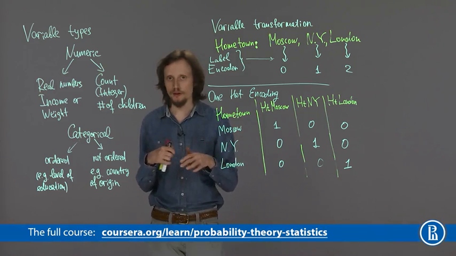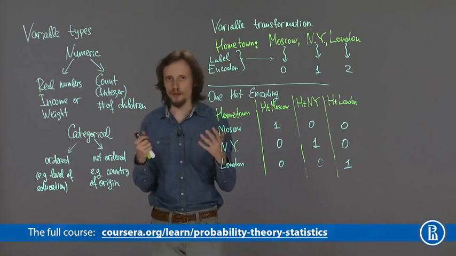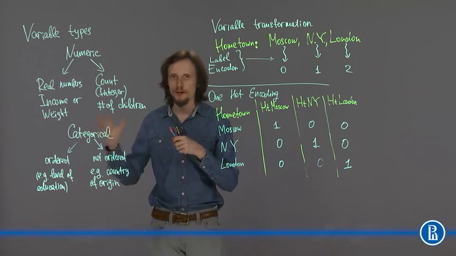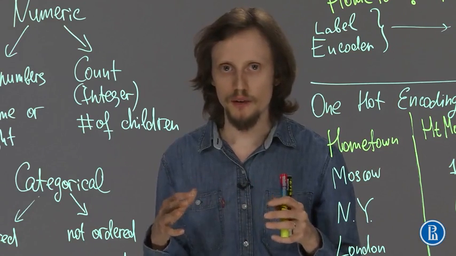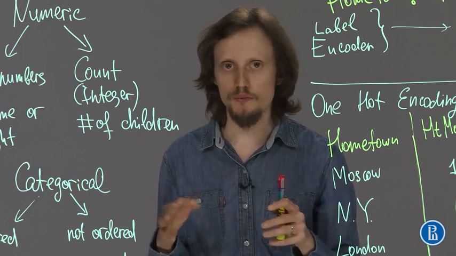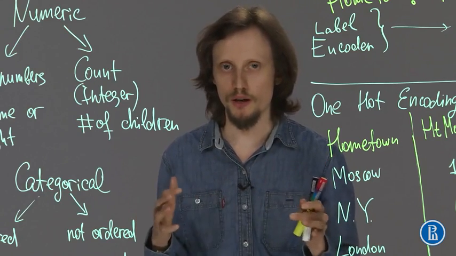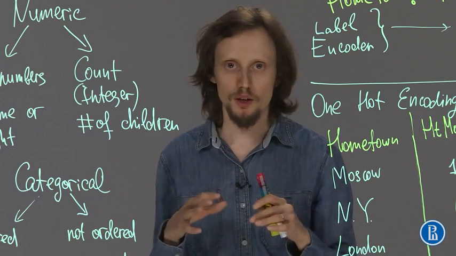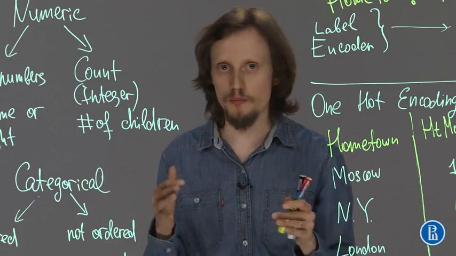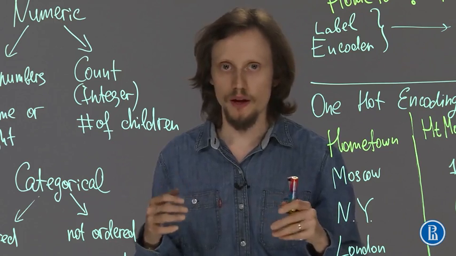Sometimes they use much more sophisticated techniques like word2vec or some other embeddings of some complicated objects into vector spaces. Anyway, finally, we have just some numeric values in our data, and we can use a bunch of mathematical tools to process them and analyze them.